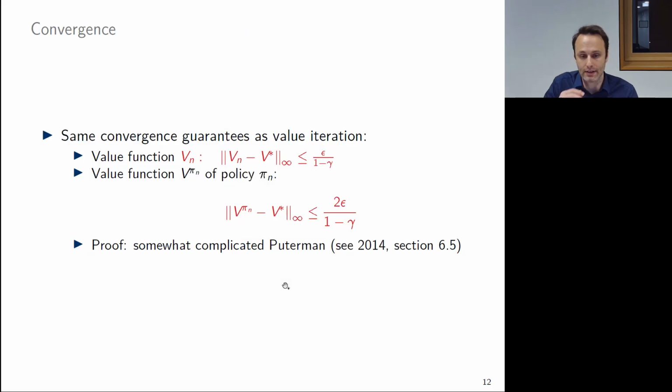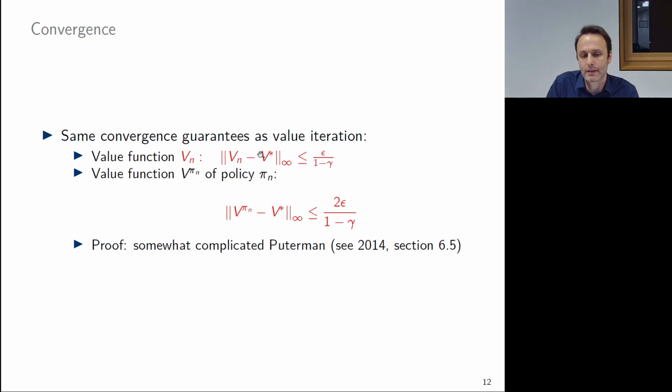And essentially, the same theoretical guarantees also hold for the modified policy iteration, like for the value iteration, namely that we have our estimates. We don't have the actual true values here, like in policy iteration, but only estimates because we stop at some point.